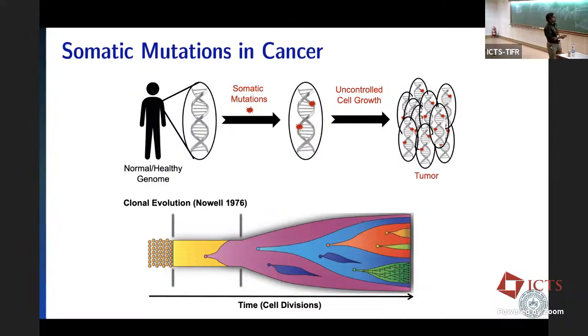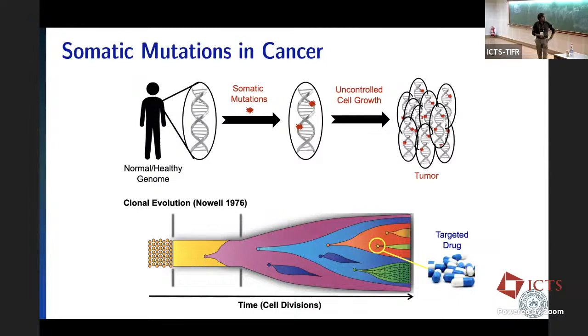The reason is that maybe there are some dormant populations which are again becoming more and more active after the therapy, right? So that's why it's good to understand not just the dominant population, but maybe all the populations. That's when we can design targeted therapy corresponding to all different populations, right?